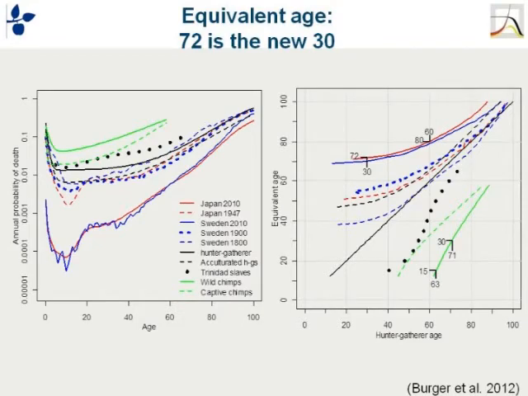If you go down into the bottom part of the diagram, you can see what the equivalent ages are for hunter-gatherers and chimpanzees. So there is a gap. I don't want to say that chimpanzees and hunter-gatherers are the same. Hunter-gatherers who are 71 have the same death rate as chimpanzees have when they're 30. So there is a gap between hunter-gatherers and chimpanzees, but the gap is smaller than the gap between our ancestors and us today.